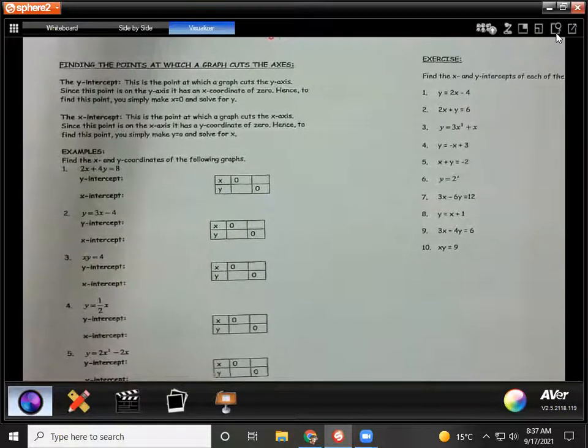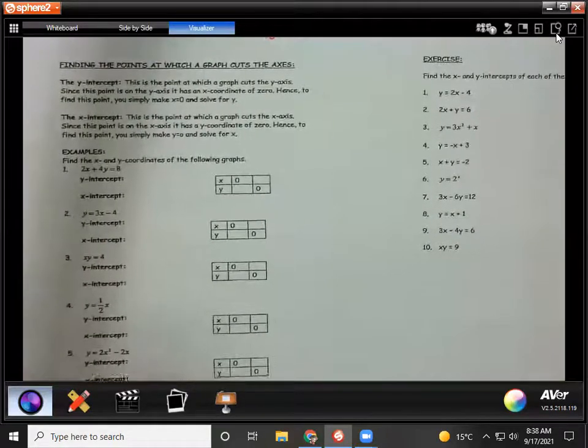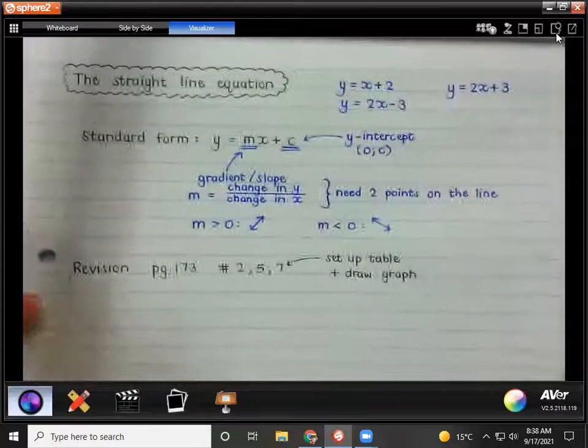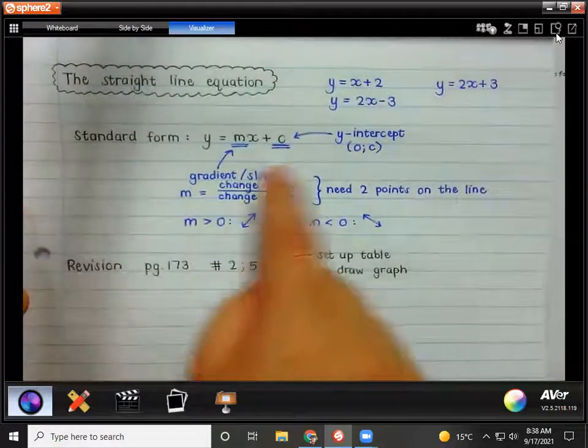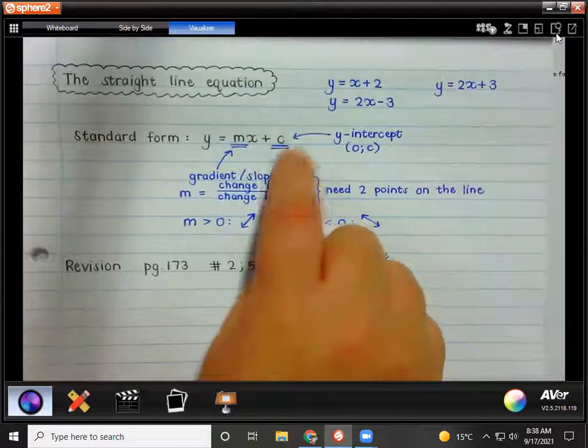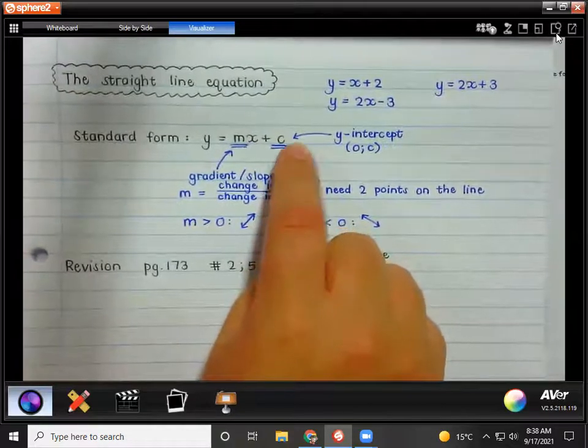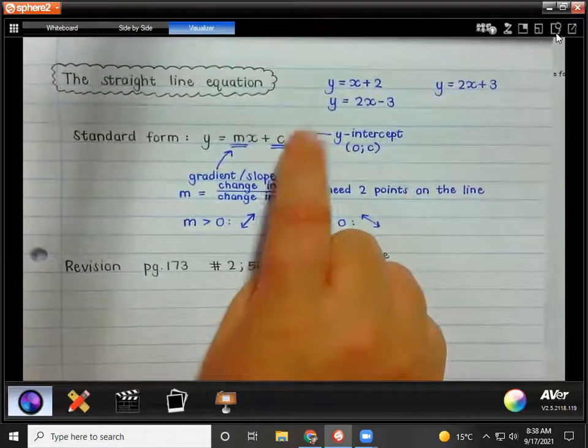All right, so I think you should remember from our note that we wrote the other day, we said that the C value is a constant term in an equation of a straight line. That will always give you the y-intercept.